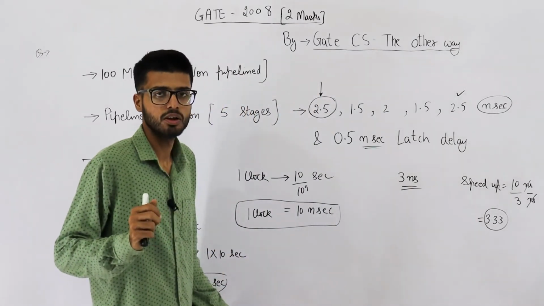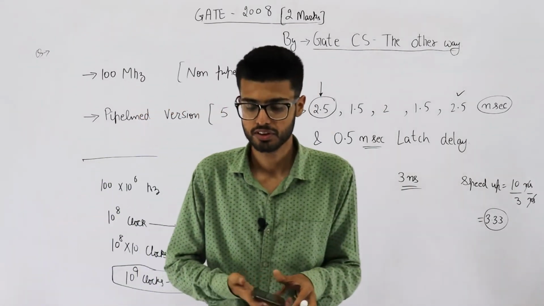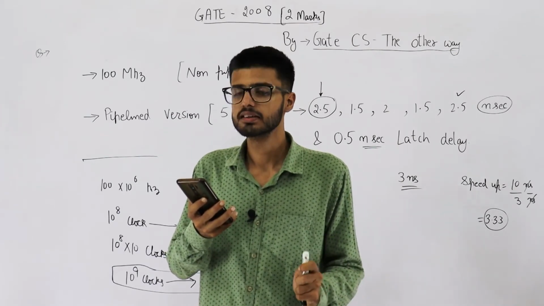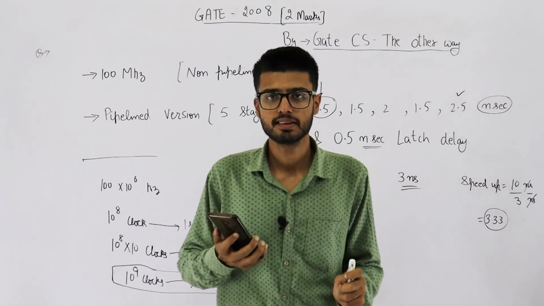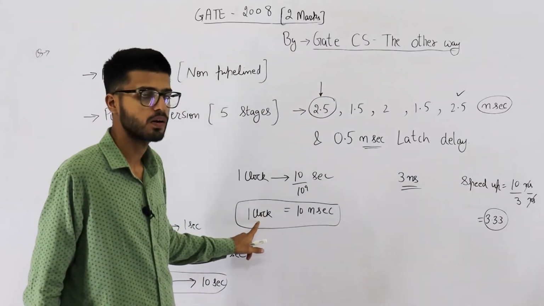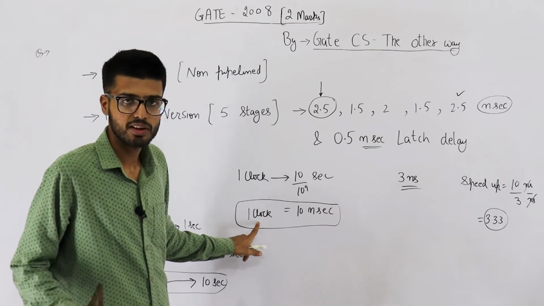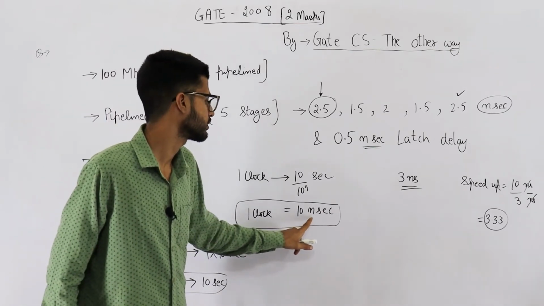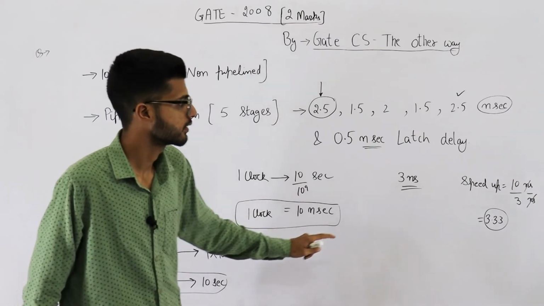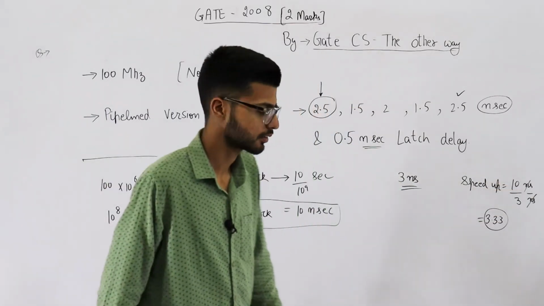I am saying so because the first line of question is a non-pipelined single cycle processor. Single cycle means each instruction takes only one clock cycle. So I can very easily say that one instruction takes one clock cycle, which in turn means 10 nanoseconds. That's why I've written 10 nanoseconds.